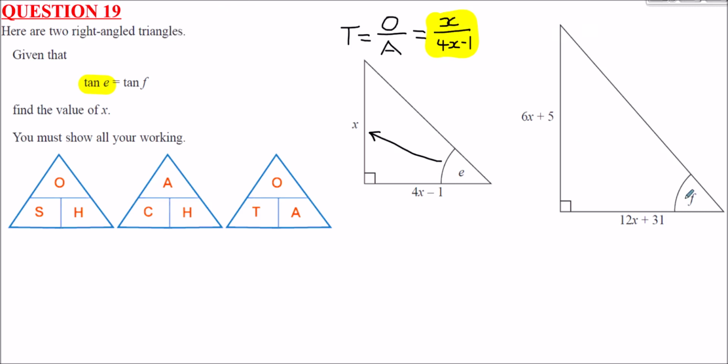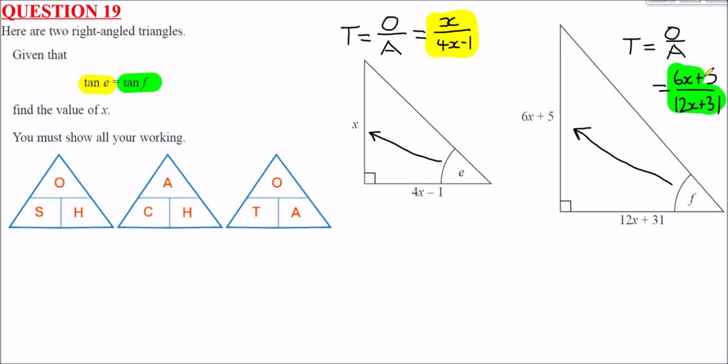Now this one, for tan F, again is opposite divided by adjacent, but in this case the opposite side is 6x plus 5, and the adjacent is 12x plus 31. So tan F is this.